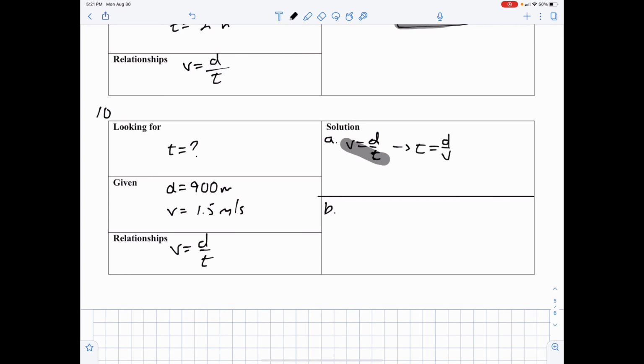Time equals distance over speed, which would be 900 meters divided by 1.5 meters per second. And if we divide these two, the meter is going to cancel, leaving you with a time in seconds. Pause the video, try to make the calculation yourself. Okay, if you got this correct, you should have gotten 600 seconds.